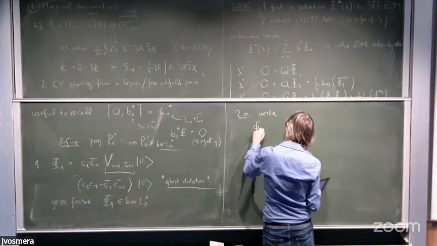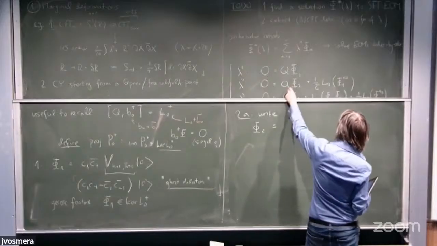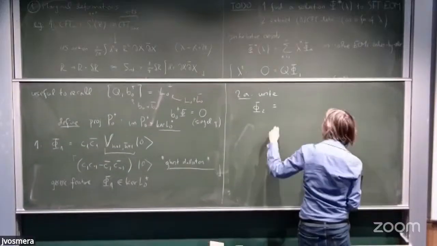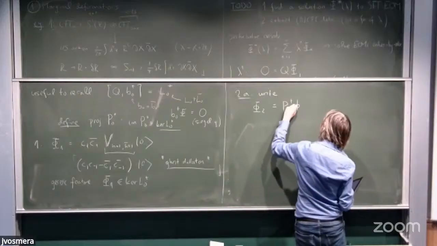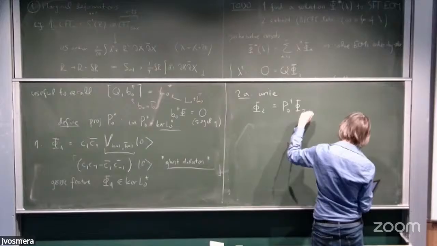What we first do is decompose this string field phi 2, for which we are trying to solve, into parts using the projector P0 plus, which is defined.